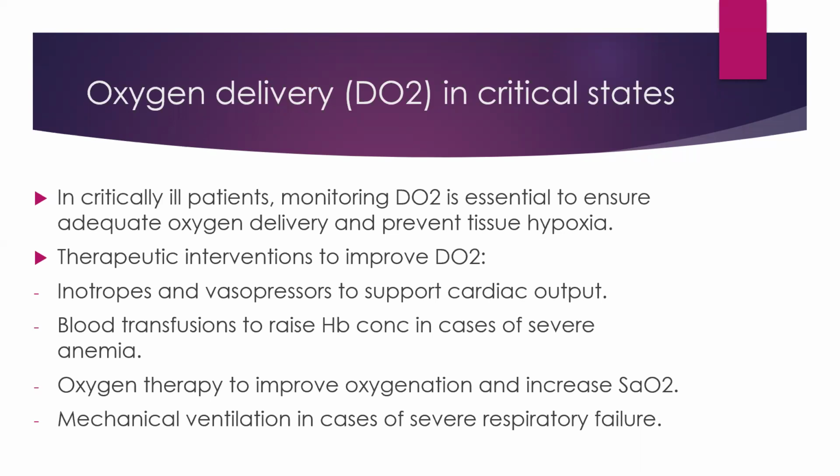Blood transfusion, to raise hemoglobin concentration above a critical point, also helps to improve oxygen delivery. And we also try to increase your oxygen saturation by giving oxygen therapy. Mechanical ventilation reduces oxygen demand and also maintains oxygen delivery to the tissues.